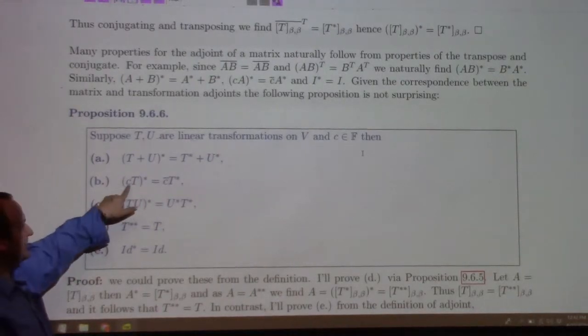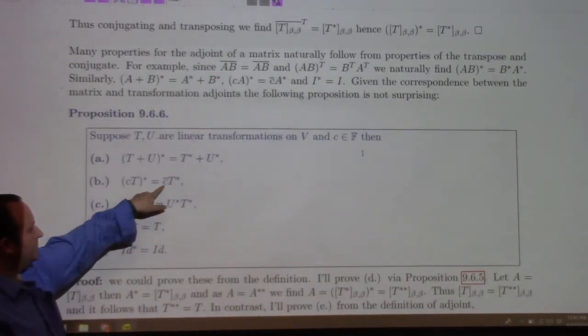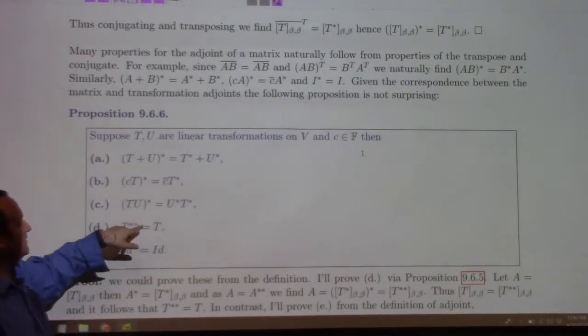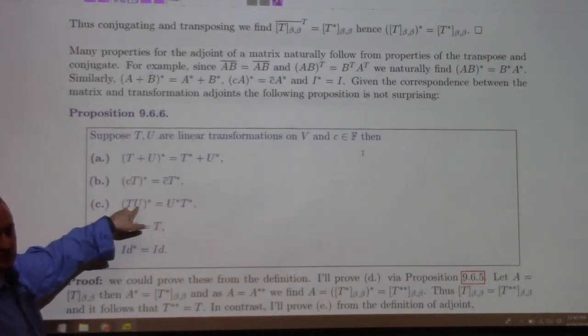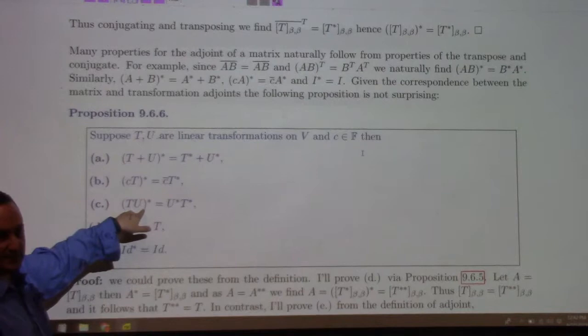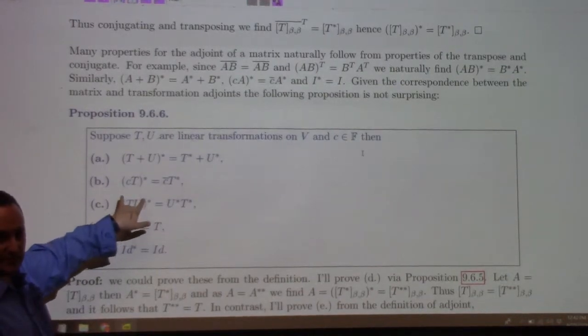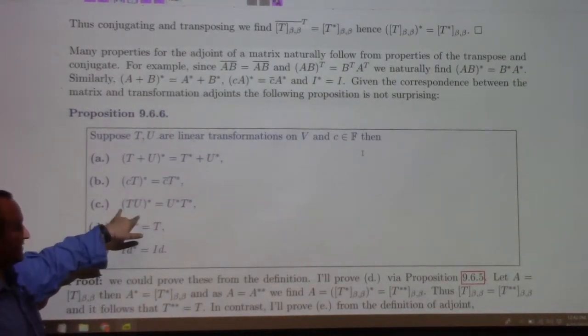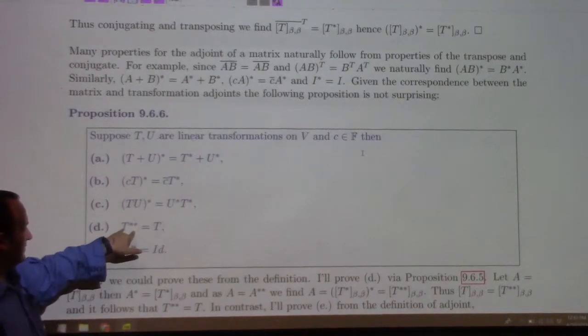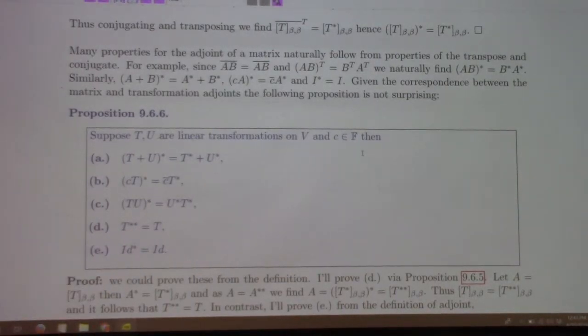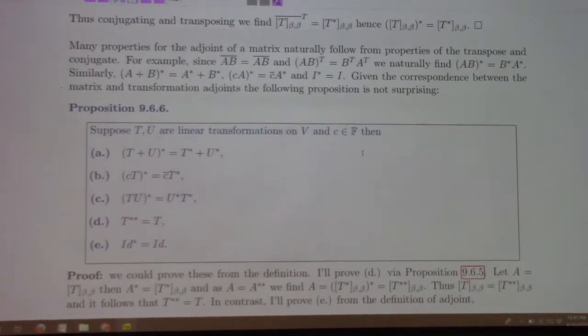If you have a constant times T adjointed, you get the complex conjugate times the adjoint. It's got a socks-shoes identity. That's because it's involving the transpose, right? So the transpose does the socks-shoes thing, and the complex conjugate just stays put. The adjoint is back again. And finally, the identity is fixed under the adjoint.